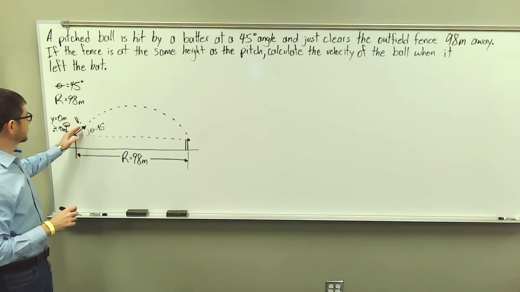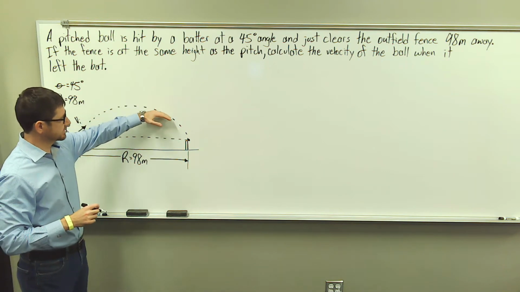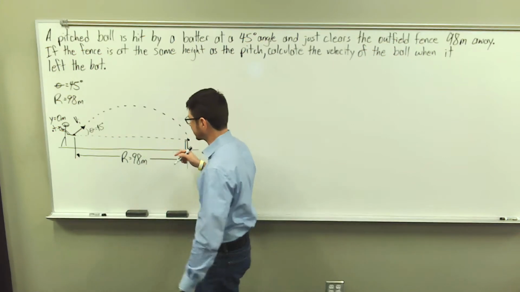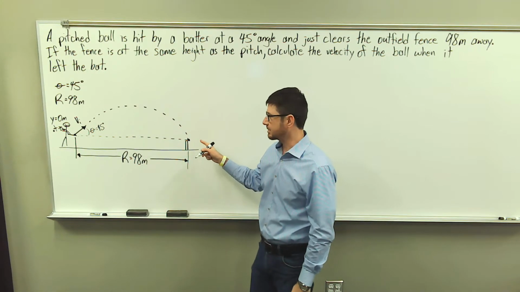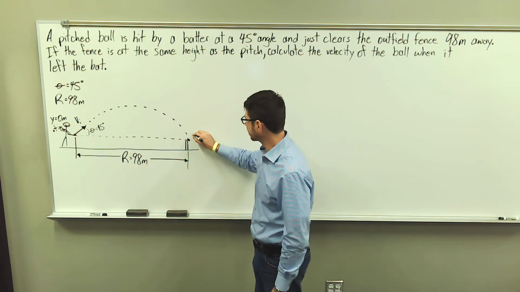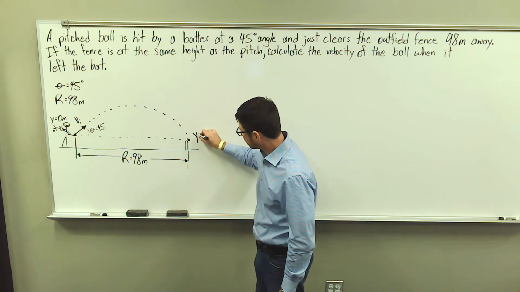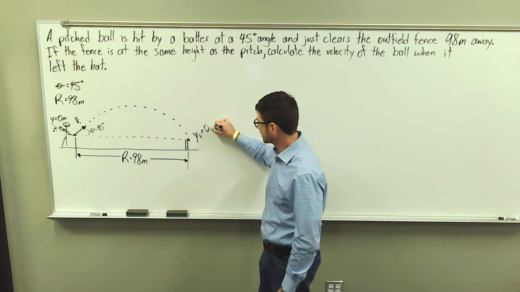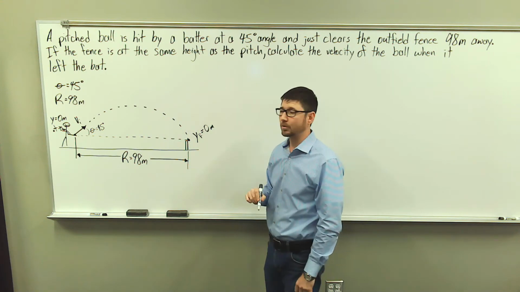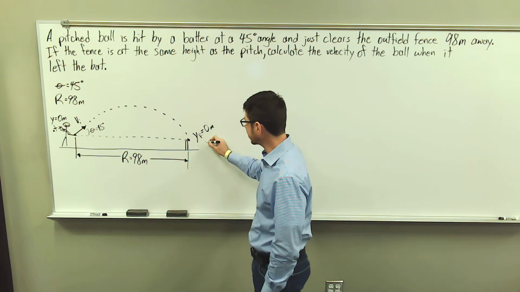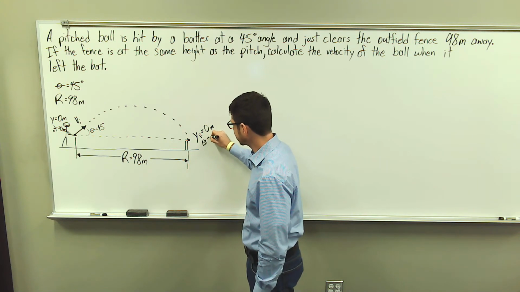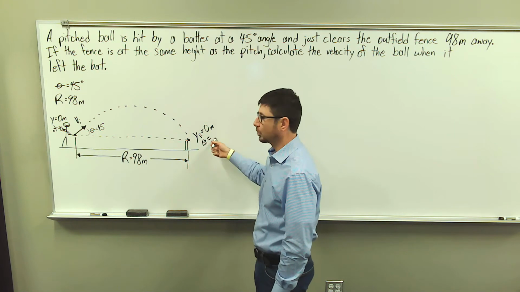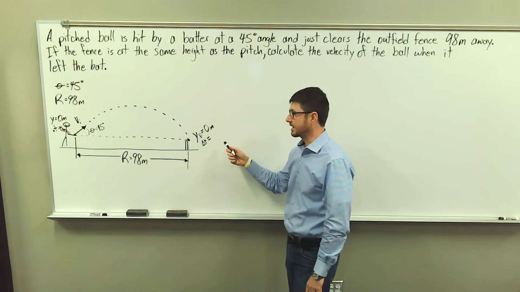Now, when we hit the ball at 45 degrees and it comes back down and it just clears the fence, the problem tells us that we are at the same height. So right here, our final vertical position is also 0 meters. And right here, we can call this our final time or our change in time, but we don't know what that is right now.